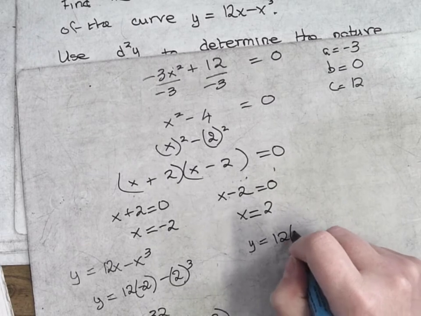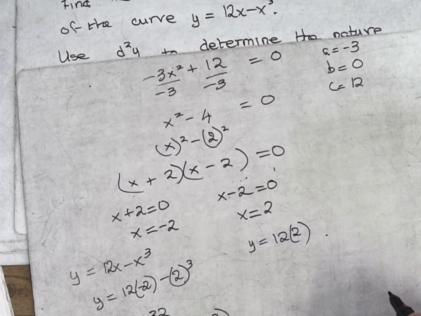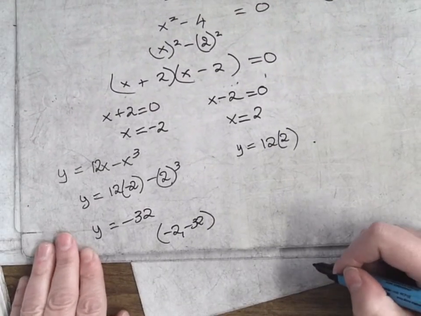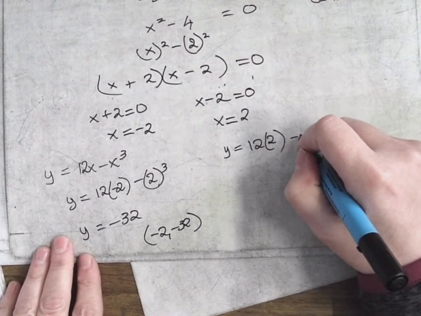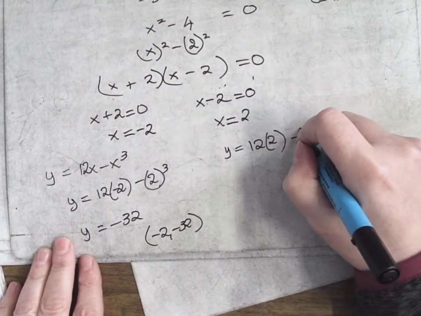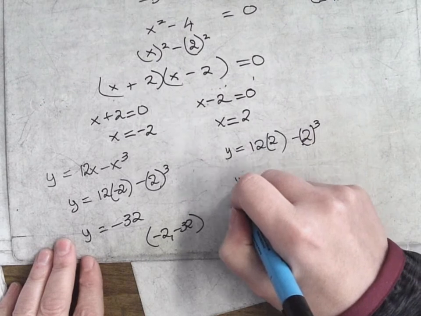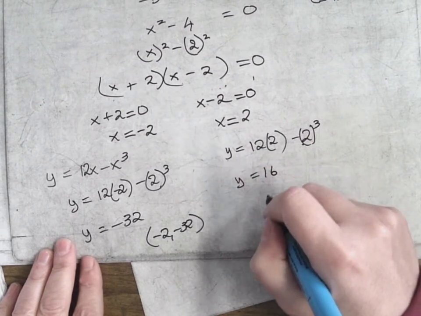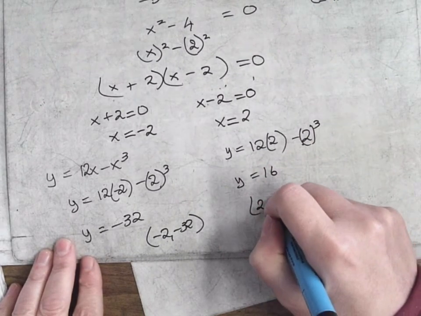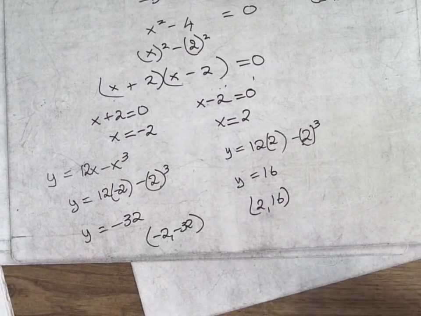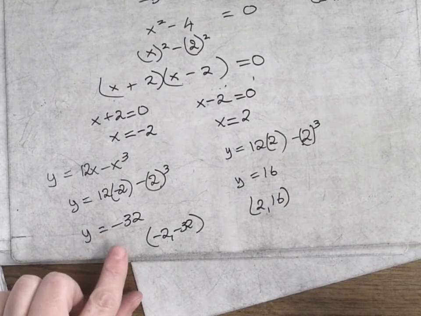Over here, everywhere I see an x, put in a 2. So it's 12 times 2 minus 2 cubed, which is 16. So that's 216. Yeah?